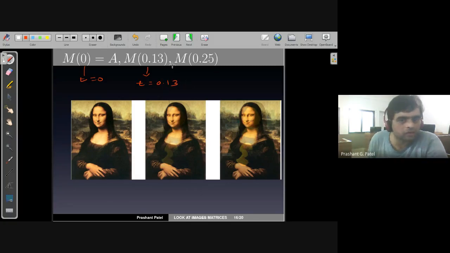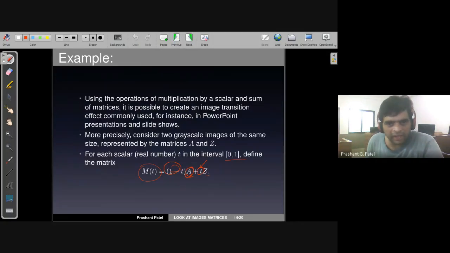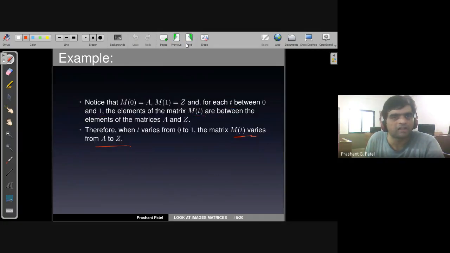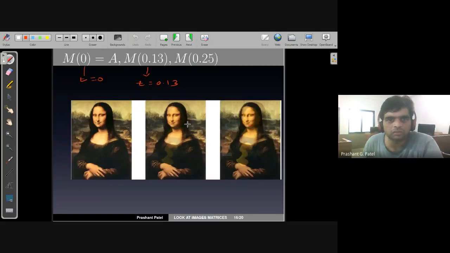What exactly I'm doing is taking A as the Mona Lisa image and changing the value of T with a different image, and increasing this value of T. Here my T is 0.25, and we can see that certain things appear here.